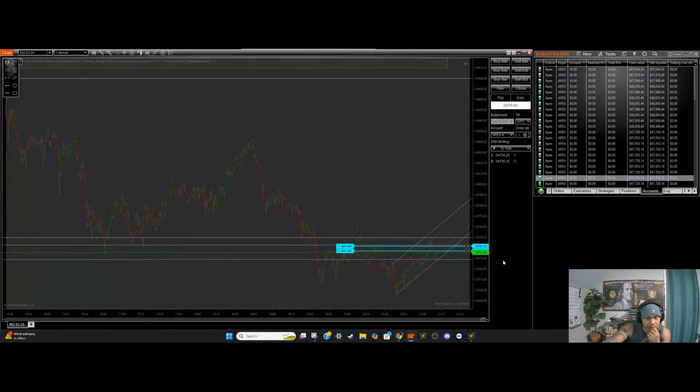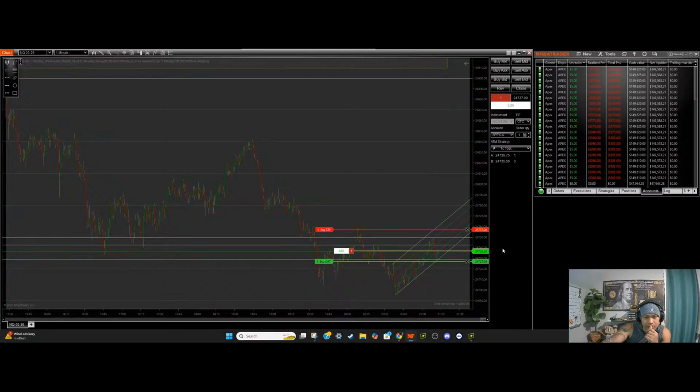If this thing rips back up, I might get rid of that second contract. If we close below this channel, 728, if we can close below that, then I'm more comfortable on the downside.